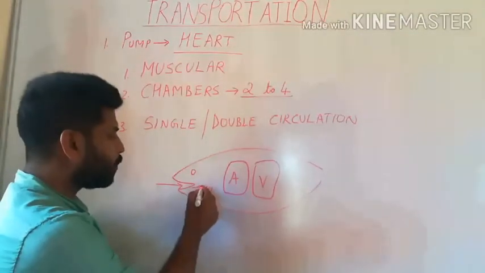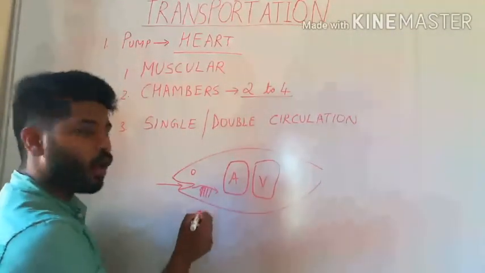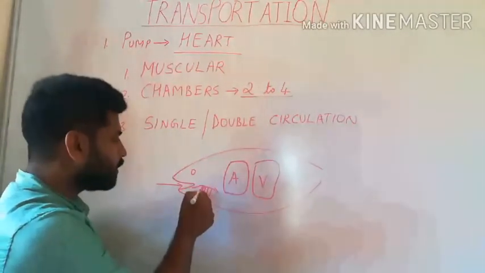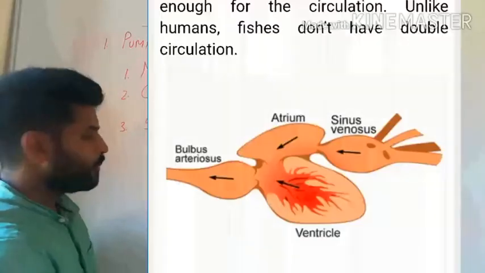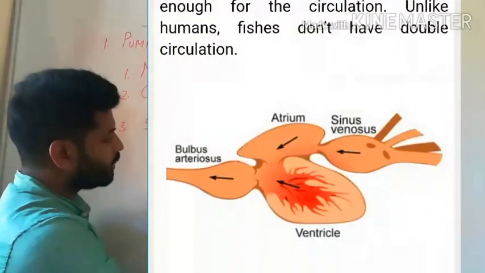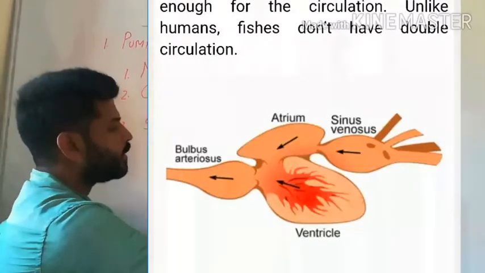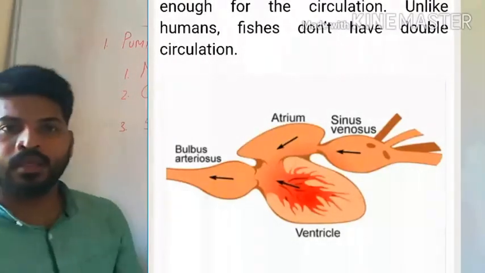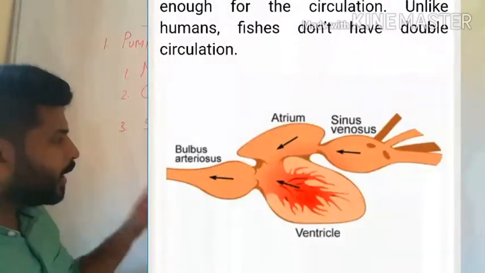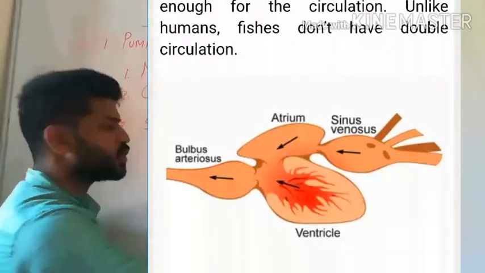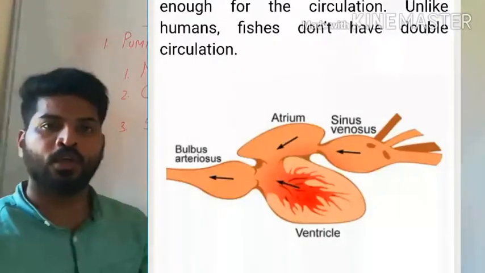When water passes over these gills, the oxygen present in the water is taken by the blood vessels. These blood vessels then take it to the heart, from where it is pumped to different parts of the body. In this case, the blood will pass through the heart only once, which is called single circulation.